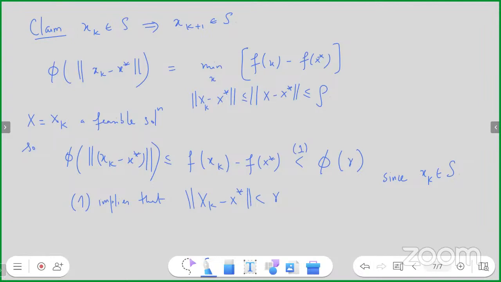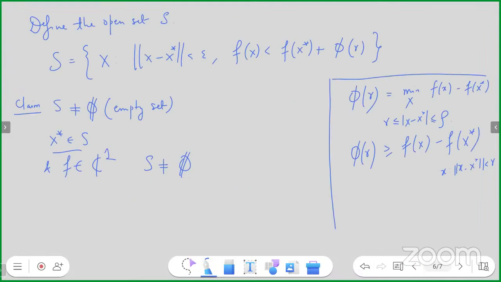So what does it even mean? Recollect, if I just tell you that for any r prime less than r, phi of r prime is less than phi of r. This is the definition. What are you saying? Phi of r prime is less than phi of r for all r prime less than r.